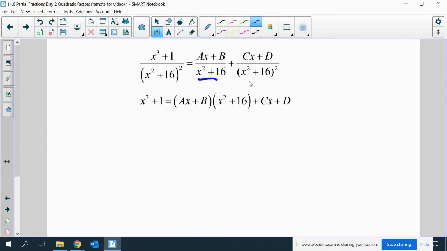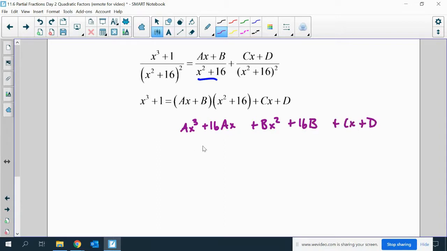And then this one is missing nothing from its denominator. So what I would do then is I can then distribute things. I have ax cubed plus 16ax plus bx squared plus 16b plus cx plus d.